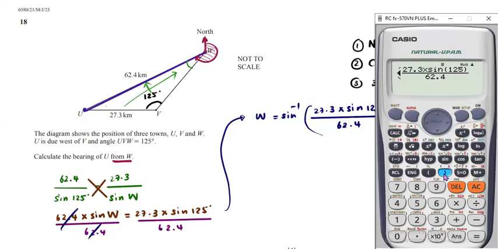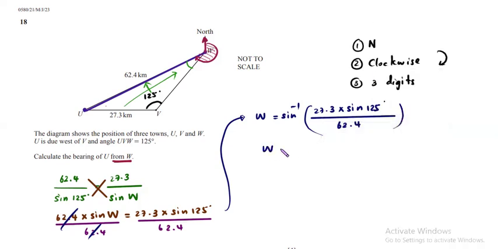Then I'm going to close the brackets and check the answer. So I get 21.0067, which means correct to 2 decimal places will be 21.00, which means the angle is 21 degrees.